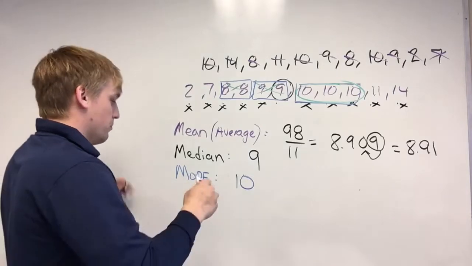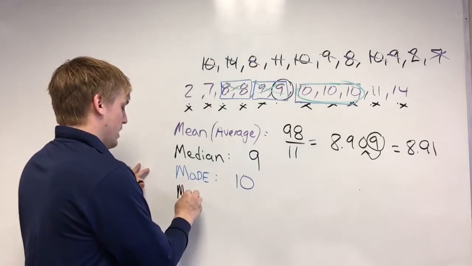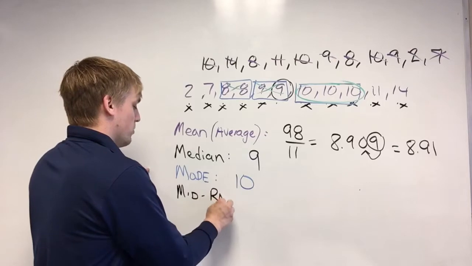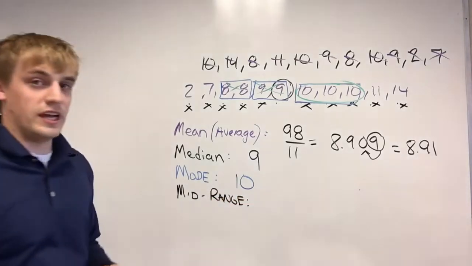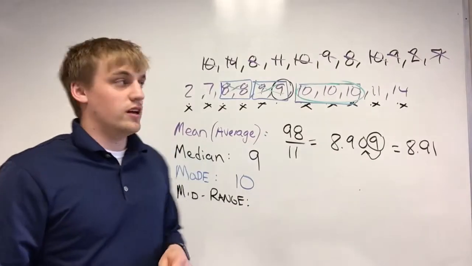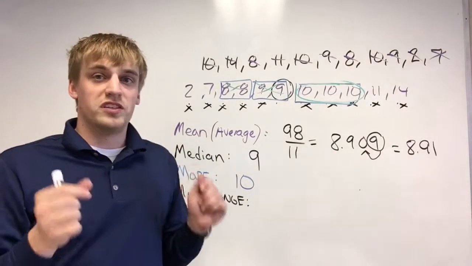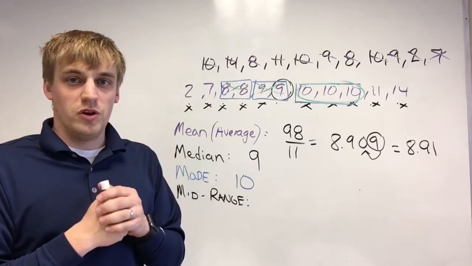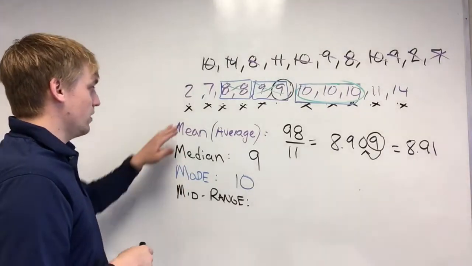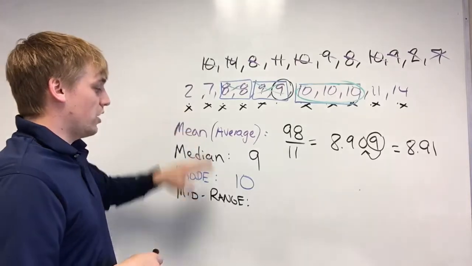The last measure of central tendency that we have is something called mid-range. This is one that Khan Academy uses, and this is just to give you a quick snapshot of where the middle might be. So how do you find mid-range?